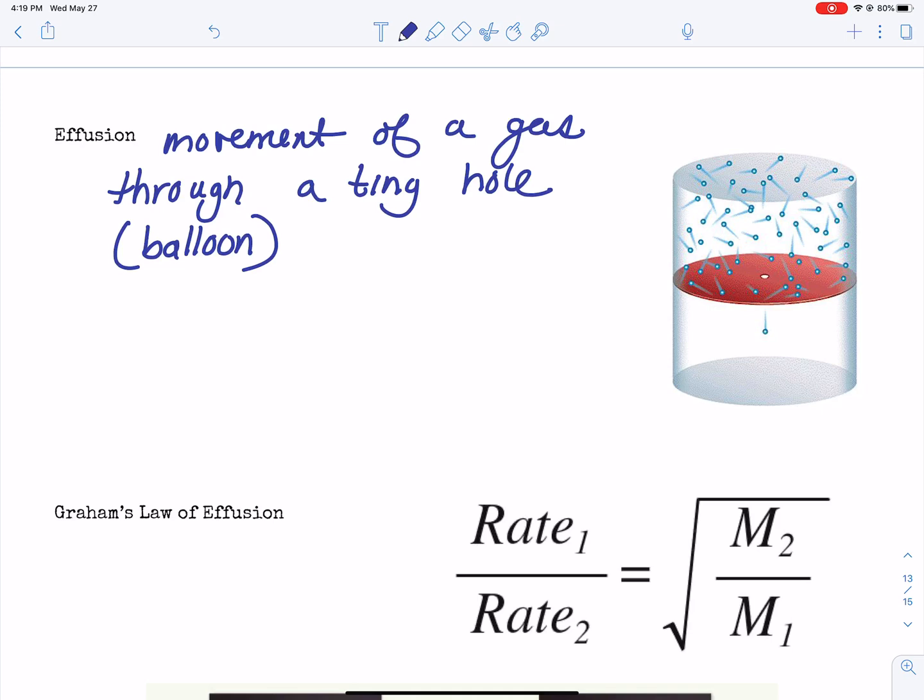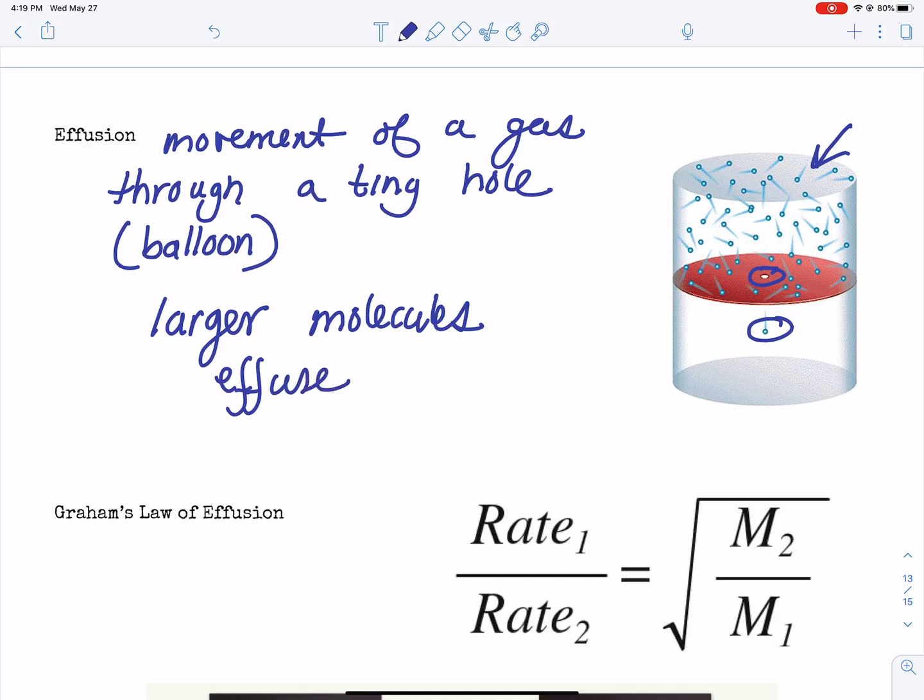You can see here, there's gas on the top of the cylinder. Here's the tiny hole. Only a small number of molecules is actually going to be able to effuse. And of course, this follows Graham's law as well, that larger molecules effuse more slowly.